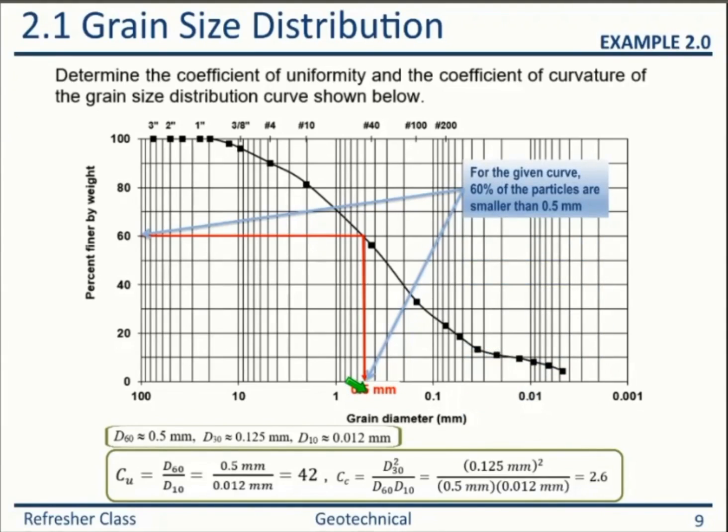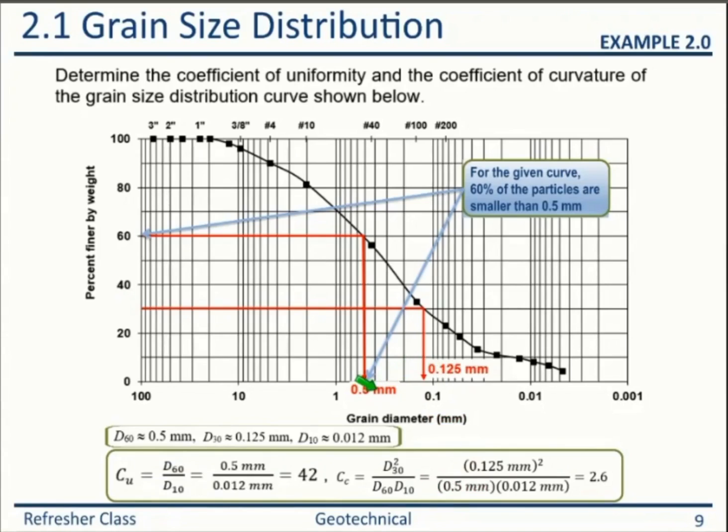So you know the value of D60. Now you need to calculate the value of D10. But since we have to calculate the value of D30 also, let's find D30, which is at 30%. This is your 20%, this is your 40%, so 30% is here. From 30%, draw a horizontal line and read the corresponding particle size, which is 0.125 millimeters.